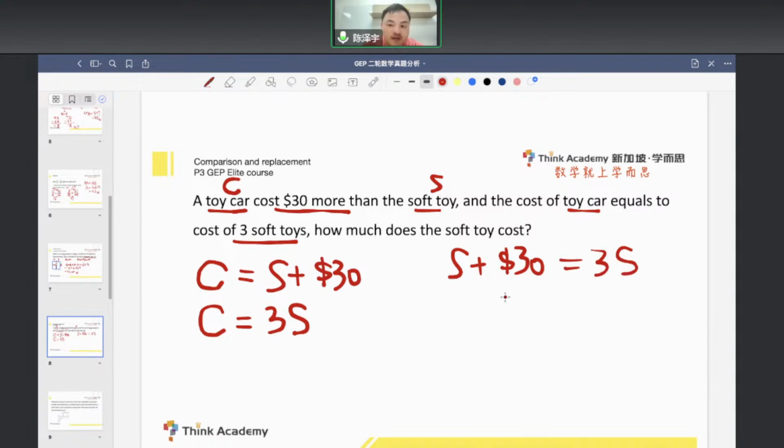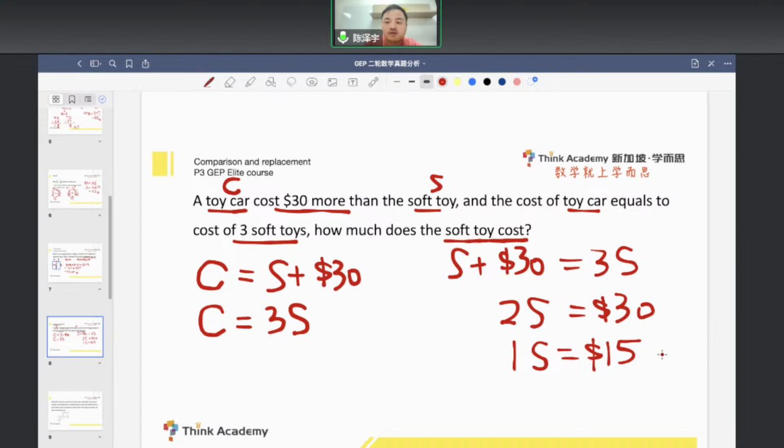So the difference is actually 2 soft toys, which is $30. So now I can find that one soft toy is equal to $15. That's why the question wants us to find a soft toy cost. So one soft toy is $15.